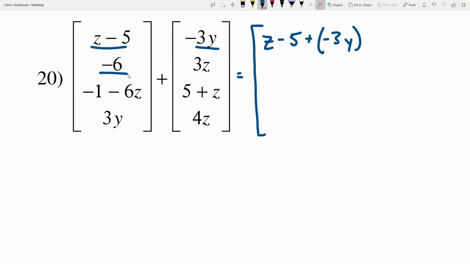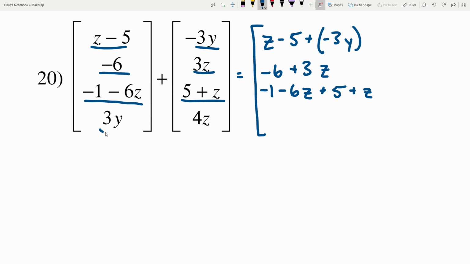And then we'll have negative 6 plus 3z, and then negative 1 minus 6z plus 5 plus z, and then 3y plus 4z.